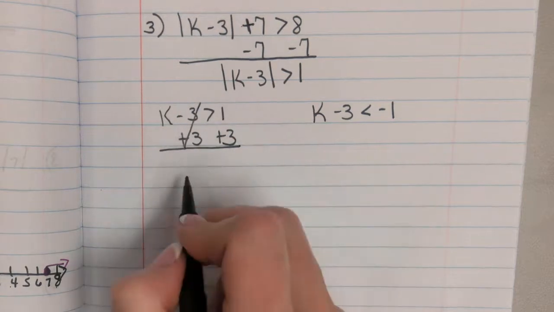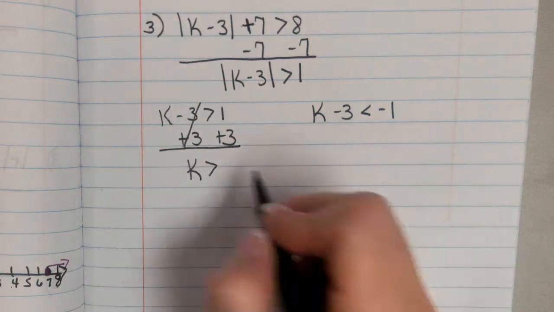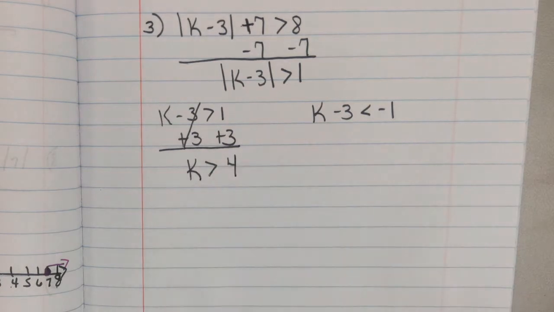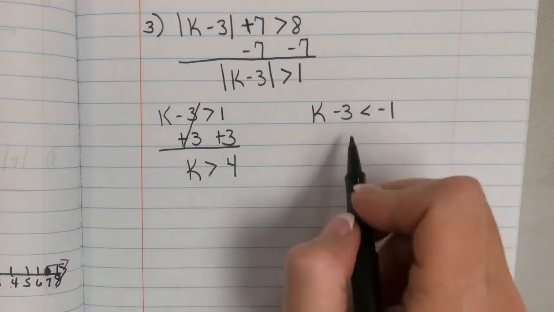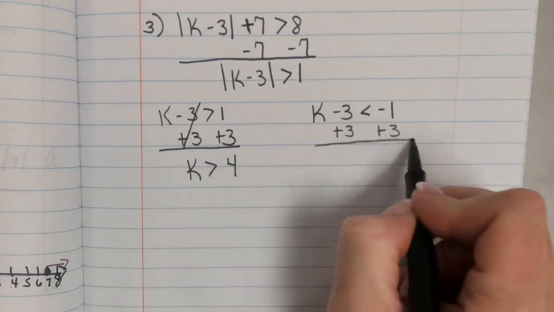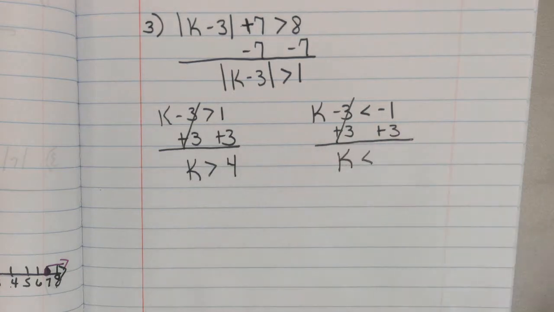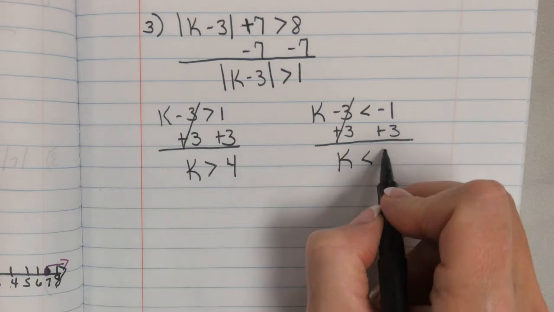So that gave you k is greater than... All right. And then, let's see, Eli, what about on the right side? So you got k is less than 2.